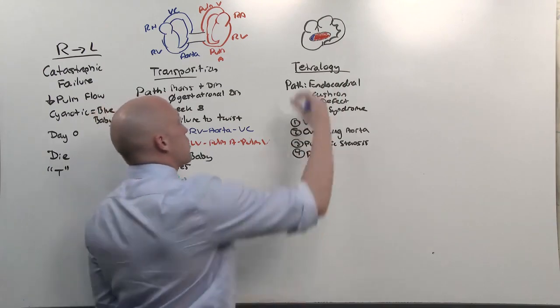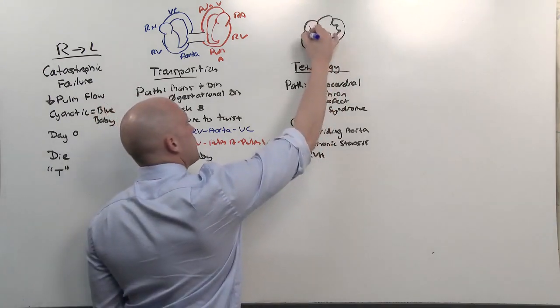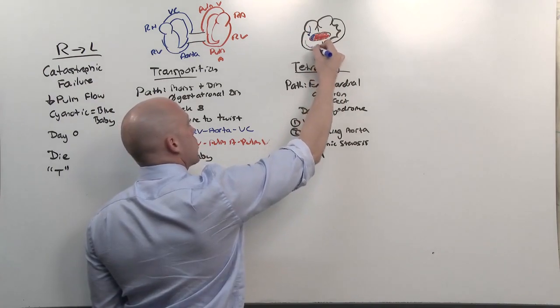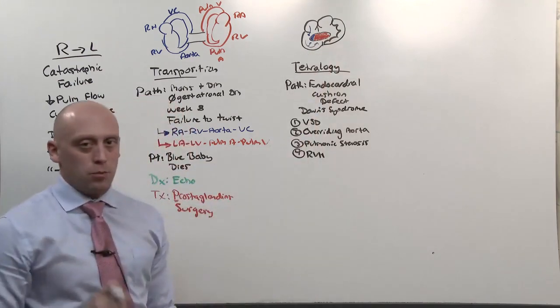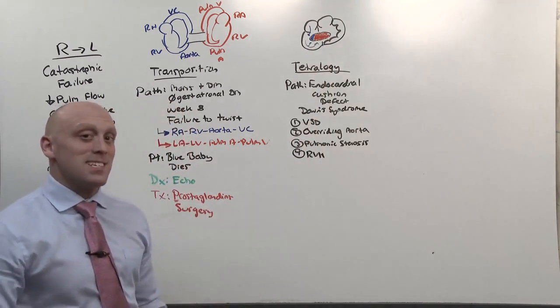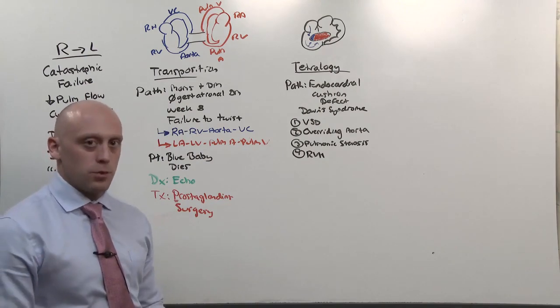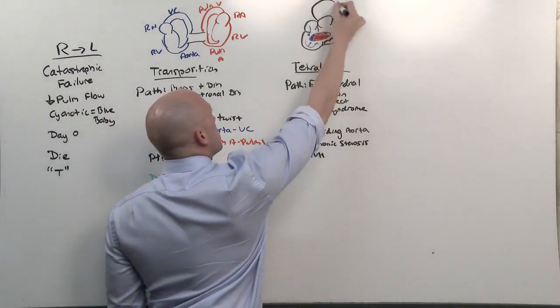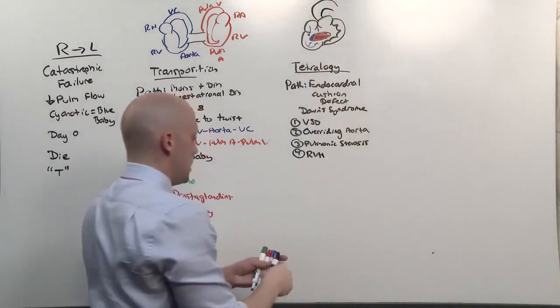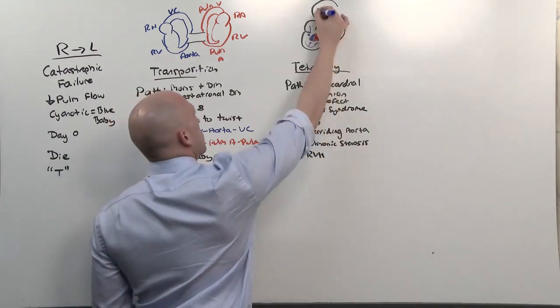So deoxygenated blood comes in from the right atrium and through the right ventricle will leave through both the pulmonary artery and the peripheral vasculature, sending deoxygenated blood to the periphery. So what you'll see in your aorta is deoxygenated blood.